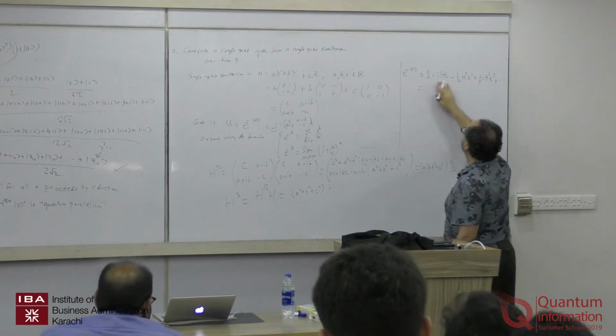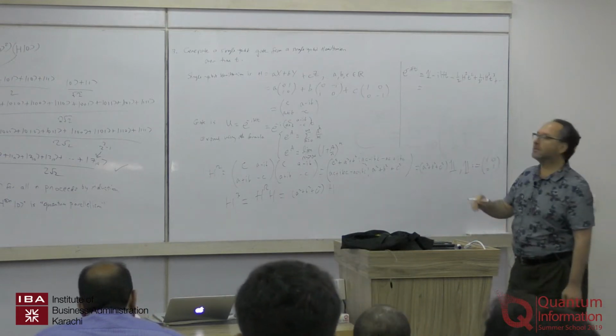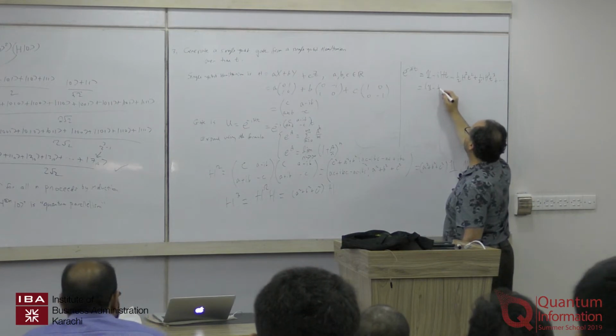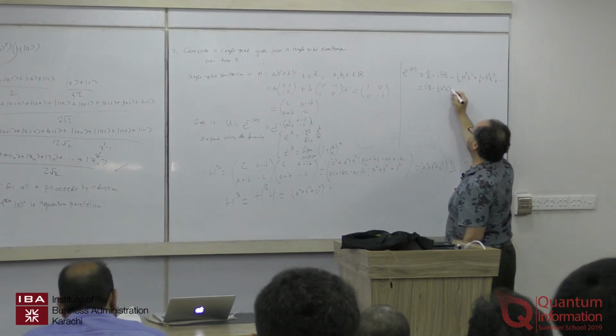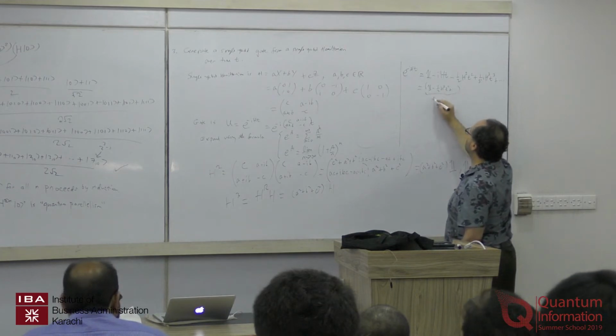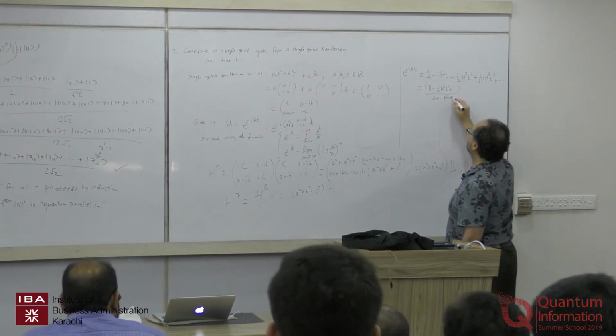And that's equal to, if we group the even terms, we get identity minus half h squared t squared, and so on. These are even powers.